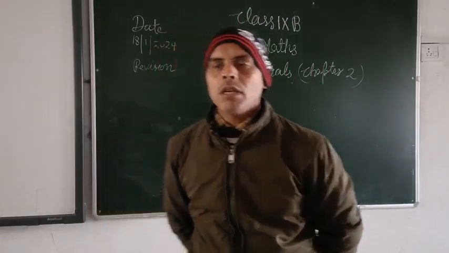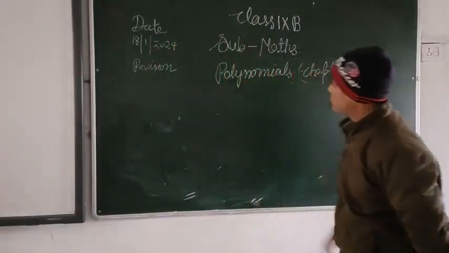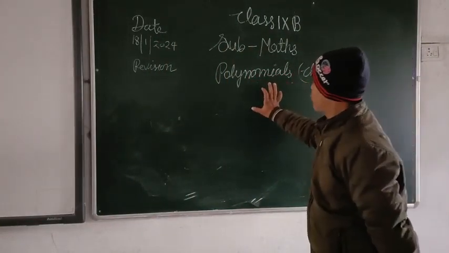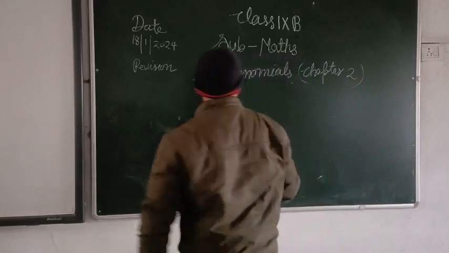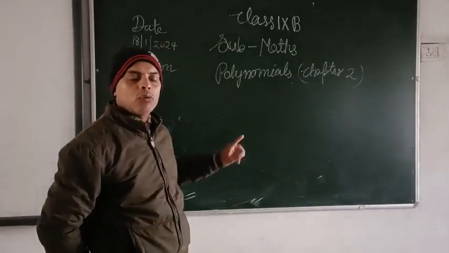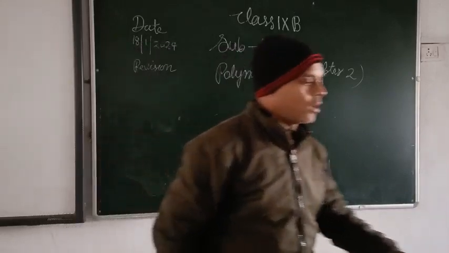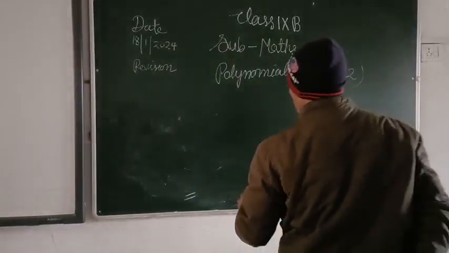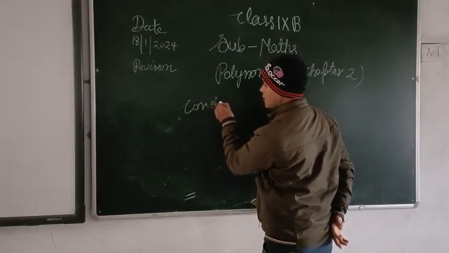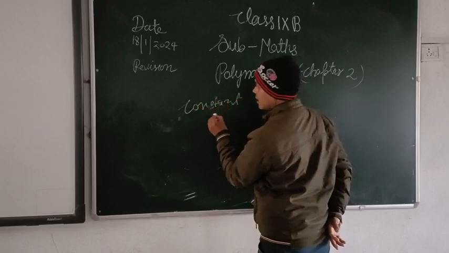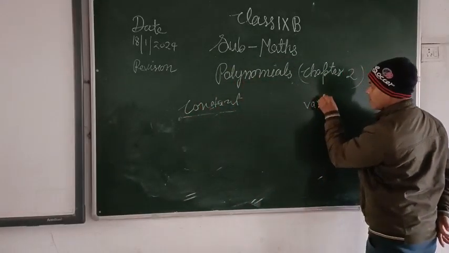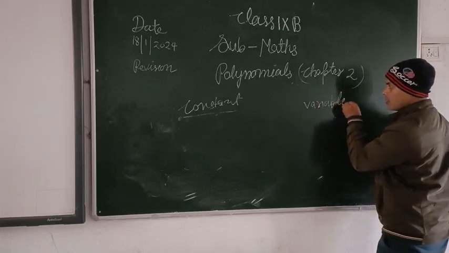So today I will discuss your chapter number two, that is polynomial. Before we start the main meaning of polynomial, we try to know two things. One is constant, and the second one is variable.